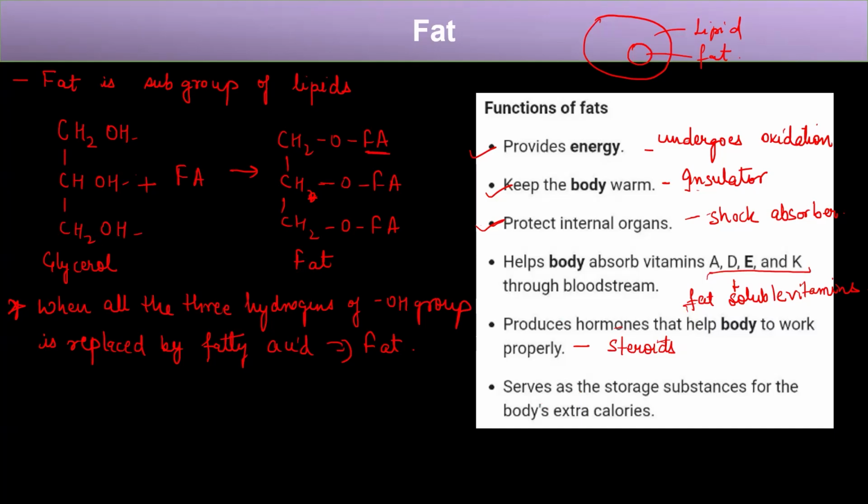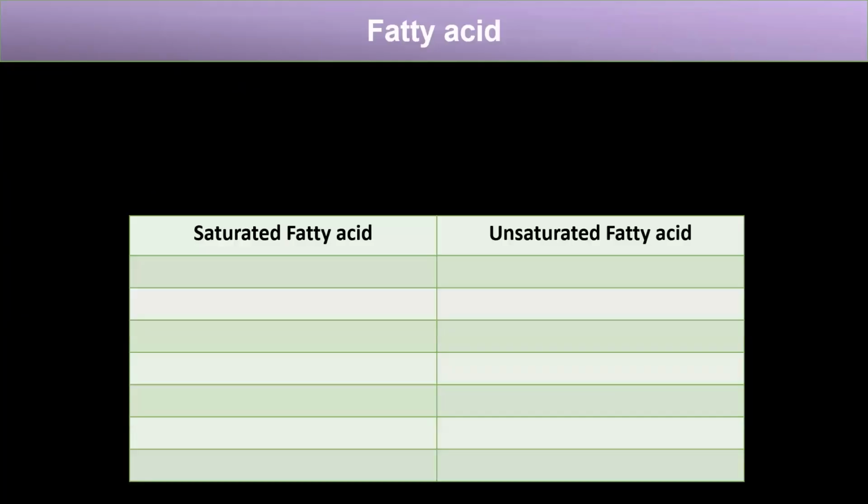Now we have seen what is lipid and what is fat, and we can also understand the difference between lipids and fats. Now let's talk about fatty acids. We have seen the structure of glycerol, but what is the structure of the fatty acid and how does it look?